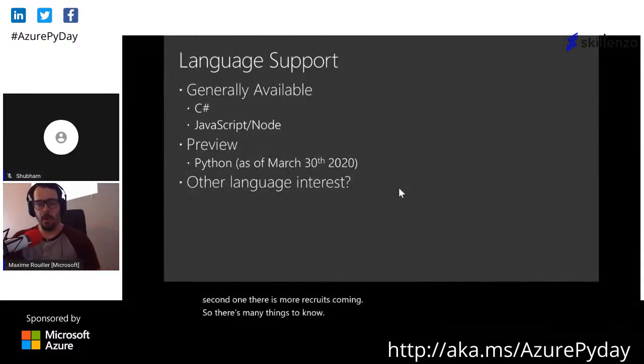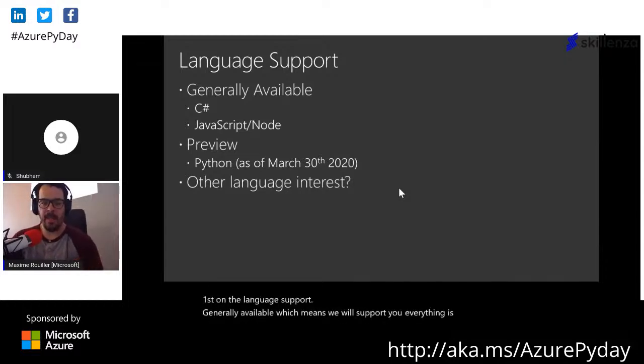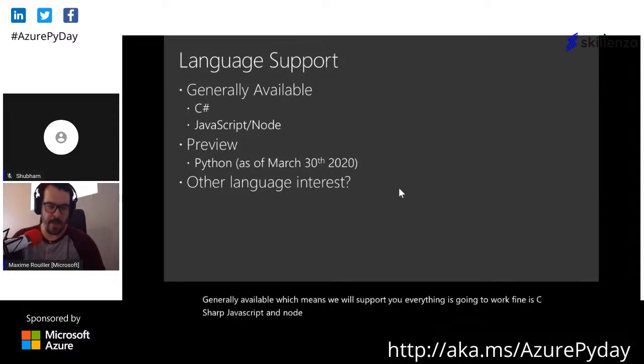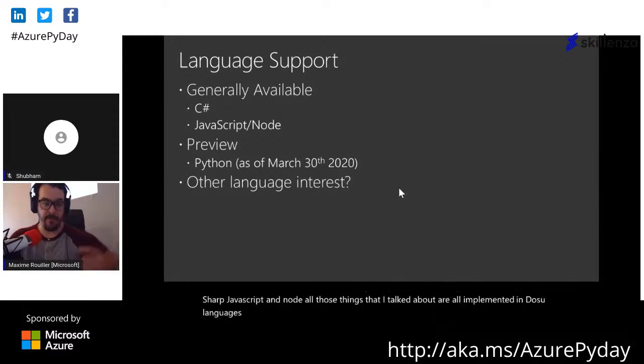First, on language support. Generally available, which means we will support you and everything is going to work fine, are C#, JavaScript, and Node. All those things that I talked about are implemented in those languages. Python is in preview as of March 30th of this year, so it's not generally available yet.